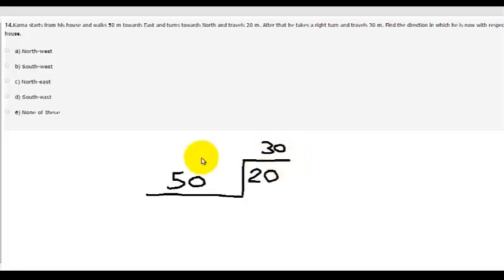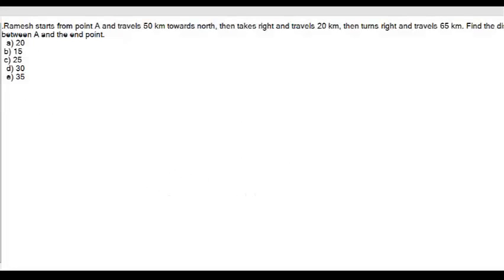In which direction is he now? This was his initial position. This is east, that's north, so northwest. That's our answer. So this is the basic question. It might not appear in the examination, but it will clear your basics. So it's important to do all these questions.